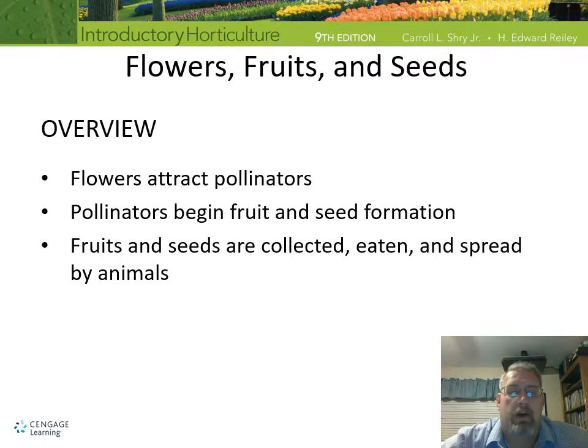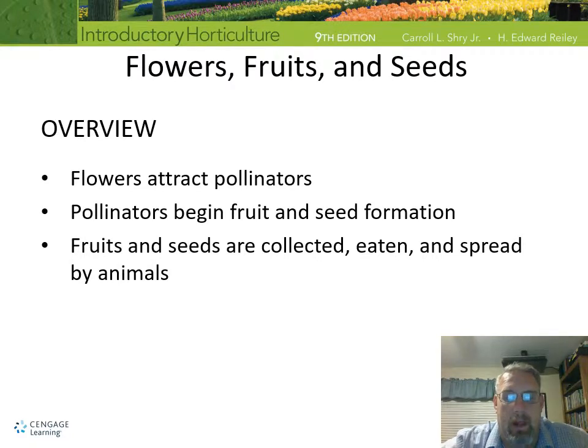So when we talk about flowers, fruits, and seeds, this is basically the reproductive organs of the plant. What you need is you have a pretty flower, and that is there to attract pollinators. So yes, they're beautiful to us, but they are also very colorful and beautiful to, say, the bees or the birds or whatever animal or thing is pollinating or transferring pollen.